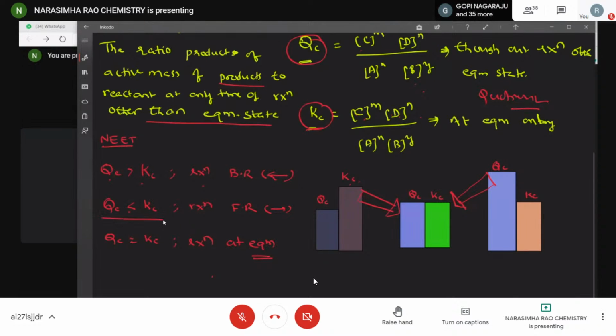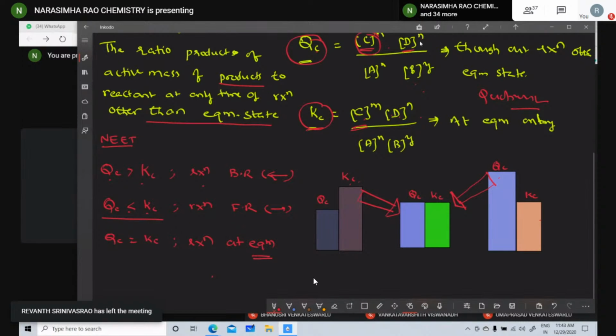So Qc is greater than Kc here. Qc is directly proportional to the concentration of product, and Kc is also product. Qc is greater means the concentration of product is much greater, so the reverse reaction is favorable.